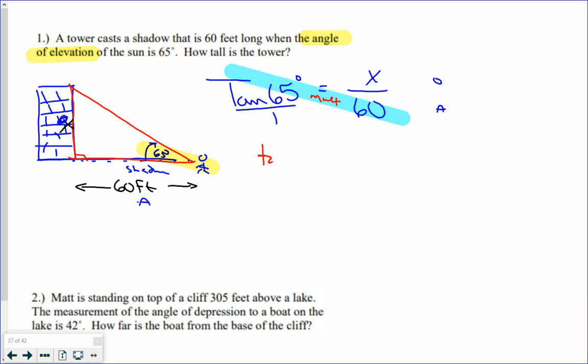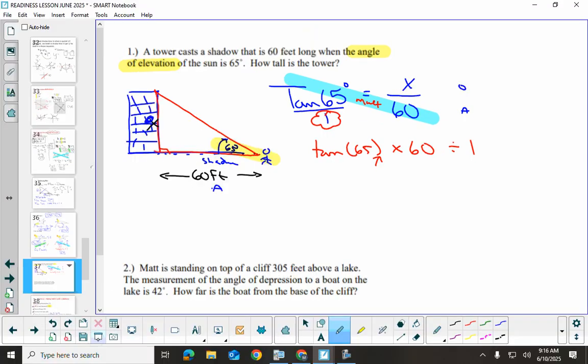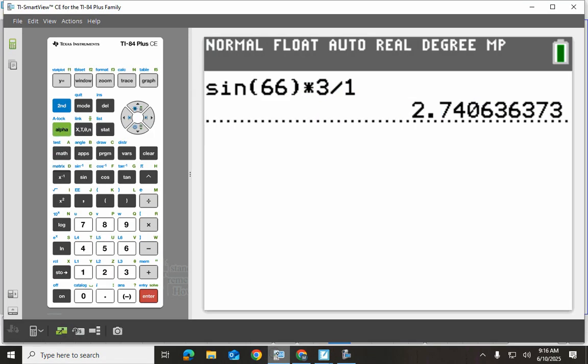So we're going to go tan 65. Make sure you finish off that bracket. Times it by 60. And then divide by 1. So tan 65 times 60, divide by 1. And again, do not hit second because you're not looking for the angle.